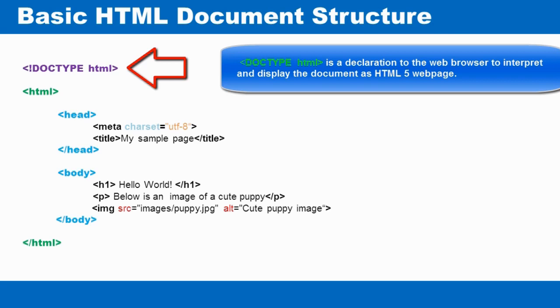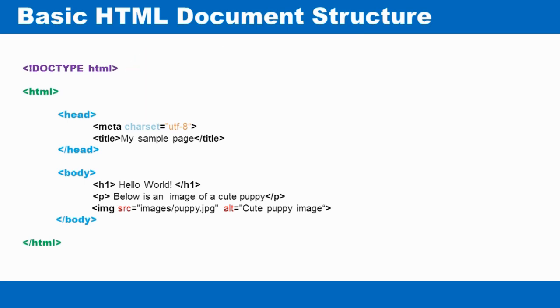The way you write the doctype, you do the less than sign, exclamation mark, doctype, and then HTML, and then a greater than sign. Next, we have the HTML element. So we've got the opening HTML element and the closing HTML element.